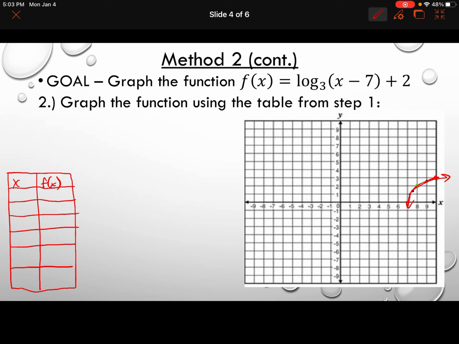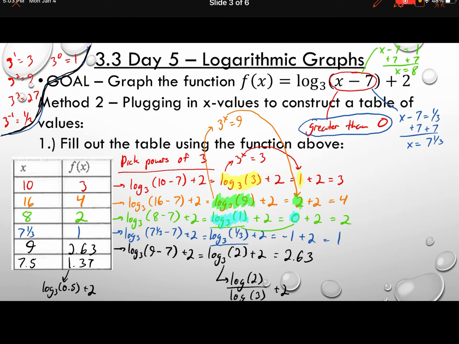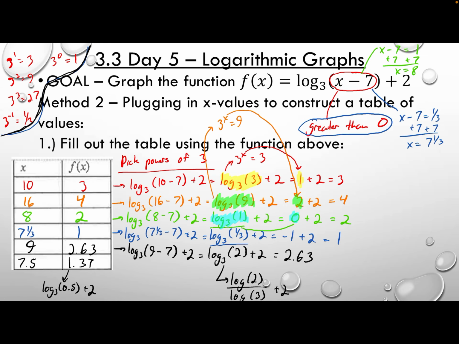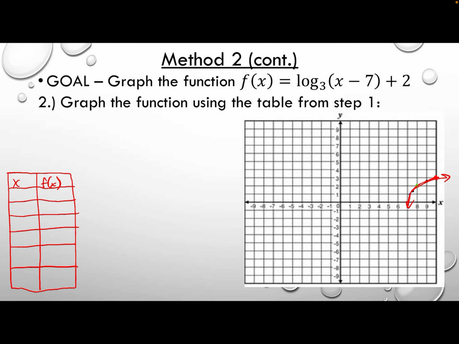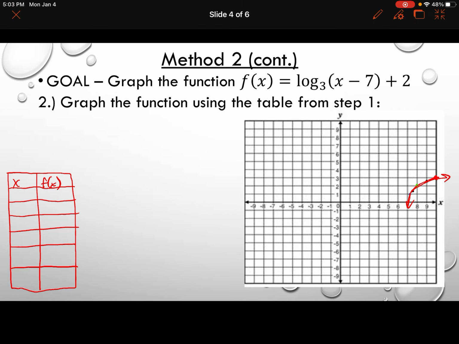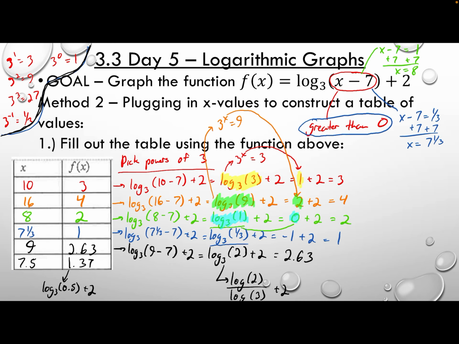I think it was 6 points. 10, 3, 16, 4, 8, 2, 7 1/3, 1. And then those other ones with the decimals.